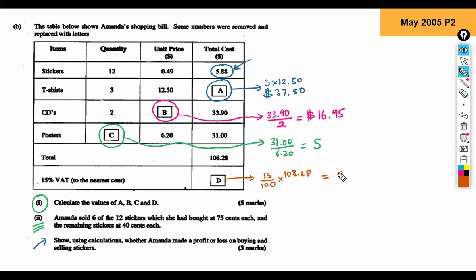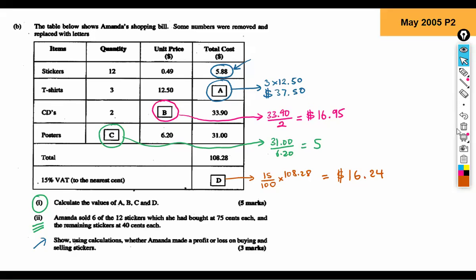You all agree with this? Yes, all right. 0.15 multiplied by 108.20. When you round it off, you're going to get 16.24. But you round off money to 2 decimal places. I hope you are all in agreement with that one. All right. So now you can work on part 2. Good luck.